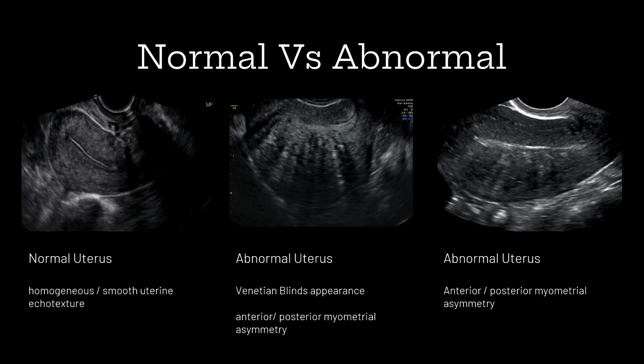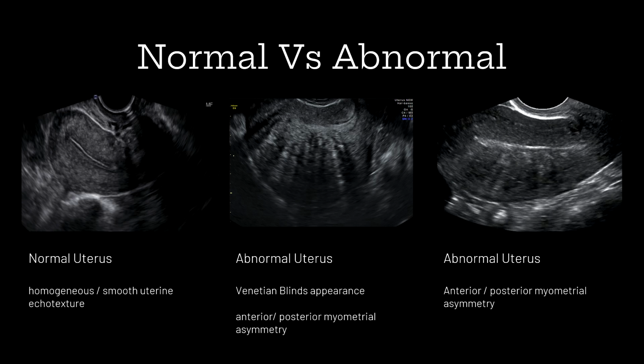If you look at the normal uterus in comparison to the abnormal uterus in the middle, you can see that asymmetry even more pronounced, because the anterior aspect of the uterus is much smaller than the posterior aspect, where there is a greater distance from the endometrium to the posterior aspect of the uterus.